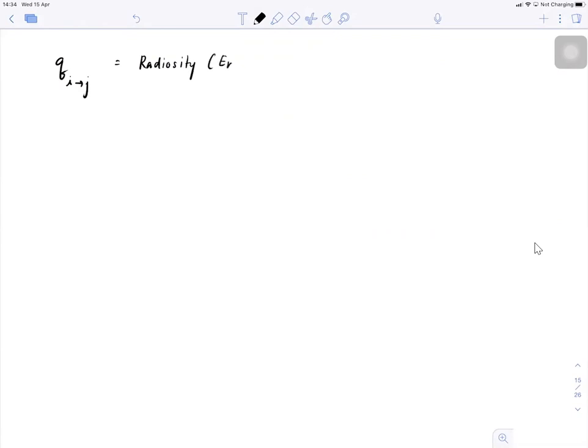Radiosity is the emission plus deflection, from surface i reaching to surface j.